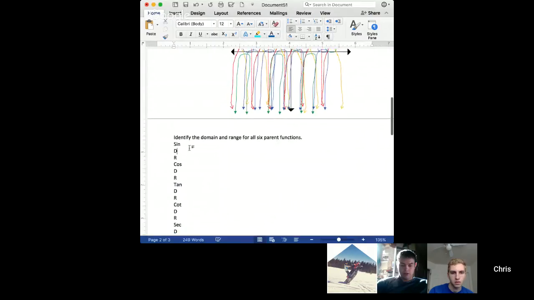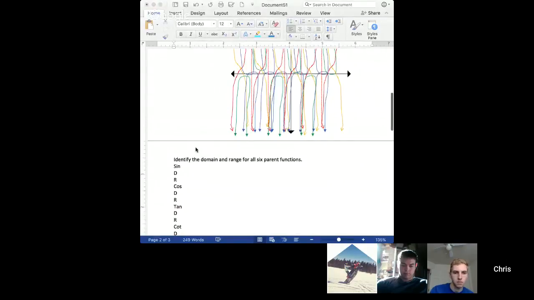Okay, let me do this a little bit simpler. We can start with this one. So we know that sine has a domain of all real numbers. So does cosine.